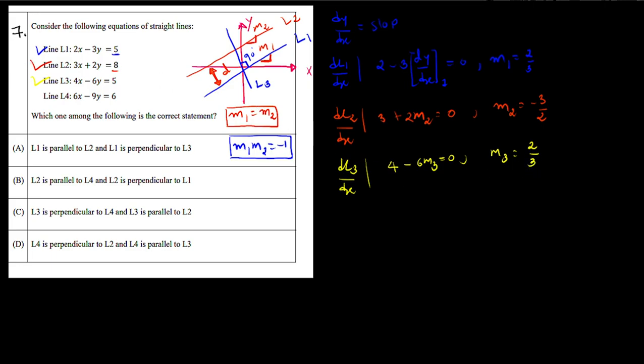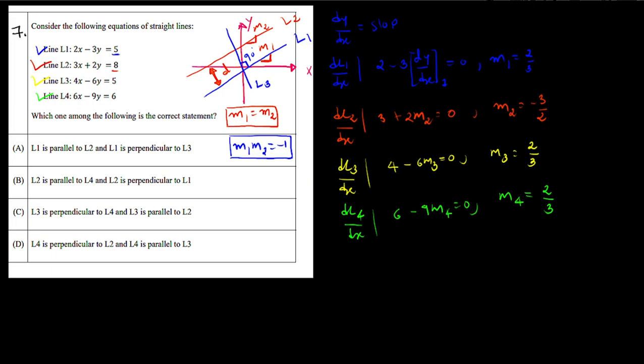And in the same way, for the last line L4, del L4 by del x, I can say 6 minus 9m4 equal to 0. So the slope of the fourth line is simply 2 by 3. Now we have found the slopes for all these lines.